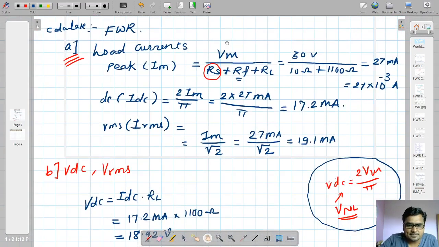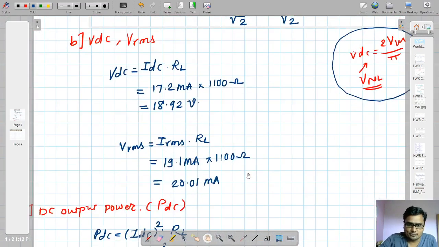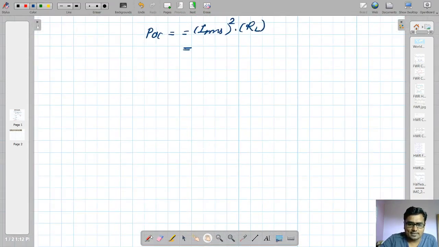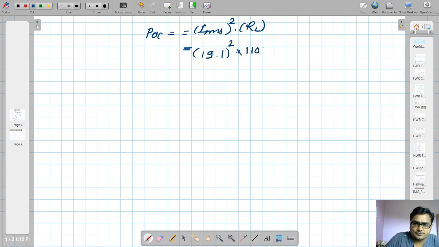IRMS, yes, it is 19.1. It is 19.1 square multiplied by 1100 ohm.